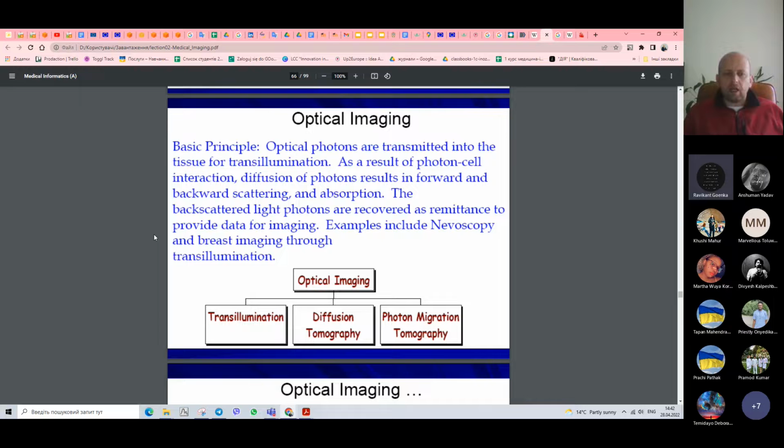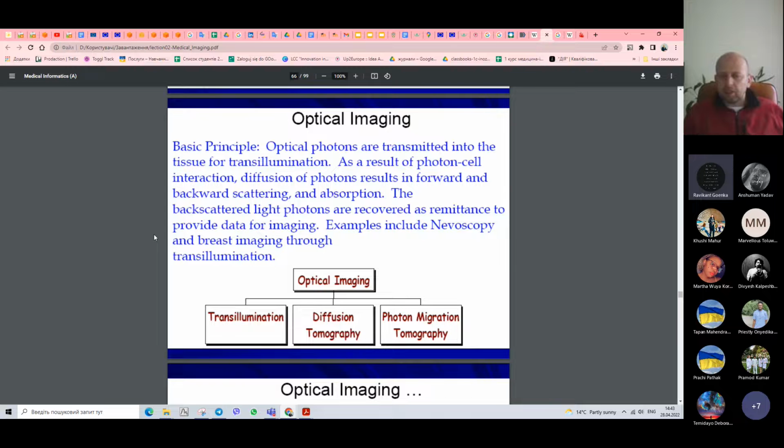The backscattered light photons are recovered as remittance to provide data for imaging. Examples include nevoscopy and breast imaging through transillumination.